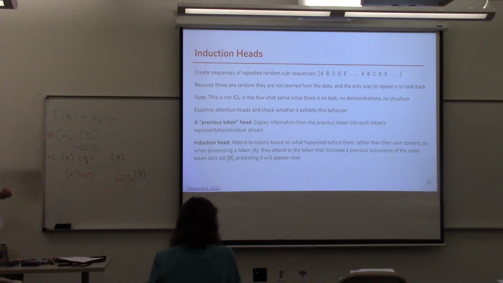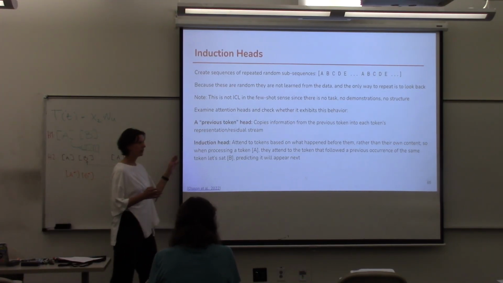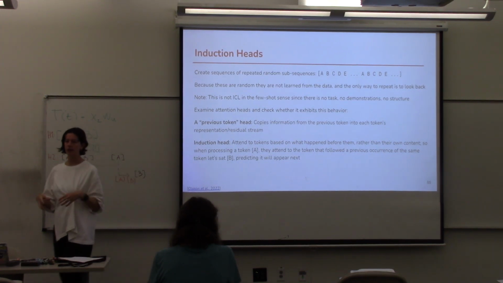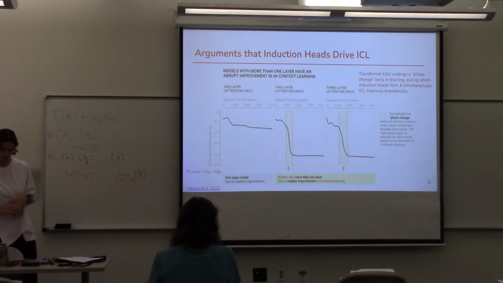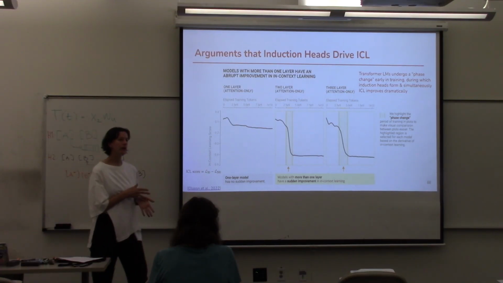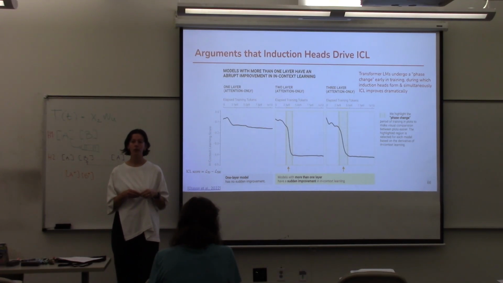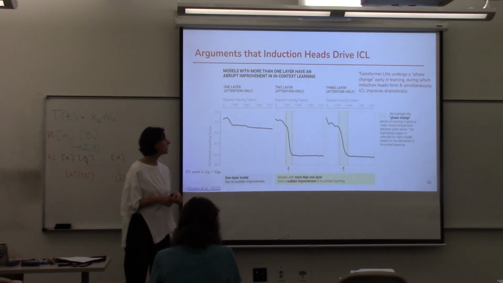Okay, so that's the definition of the induction heads. Now, there might be many heads, and only some of them are exhibiting this behavior, and the analysis is focusing on those. And they present about five arguments for why they think that these heads are driving in-context learning.